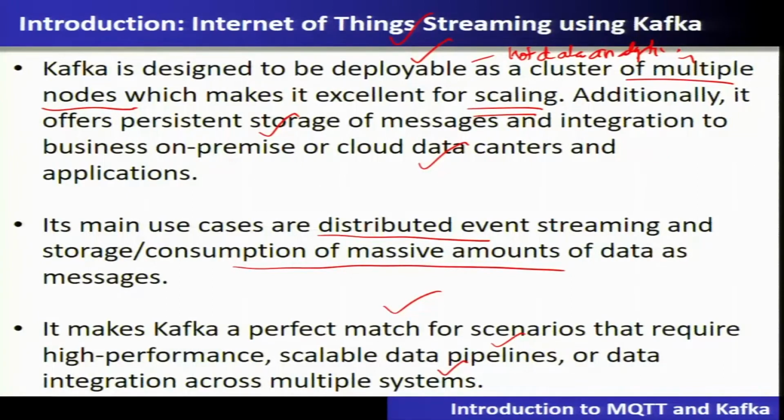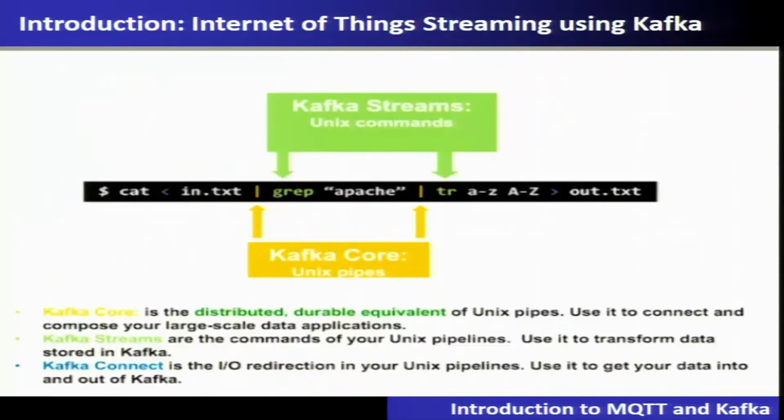This kind of data ingestion happening in the IoT environment now requires the data to be stored in databases and then machine learning performed on it. Therefore Kafka is a perfect match for this scenario, because it requires high performance, scalable data pipelines or data integration across multiple systems, unlike MQTT.